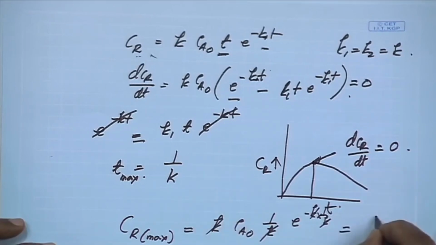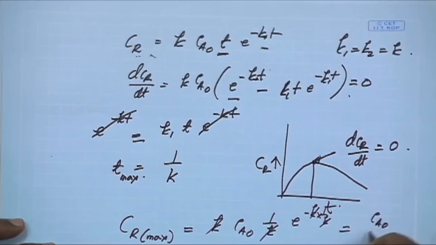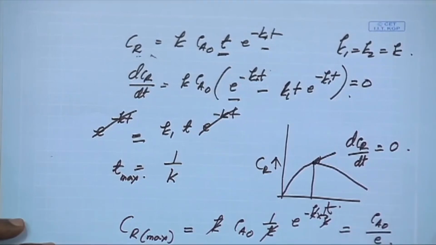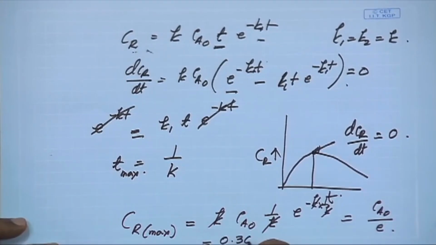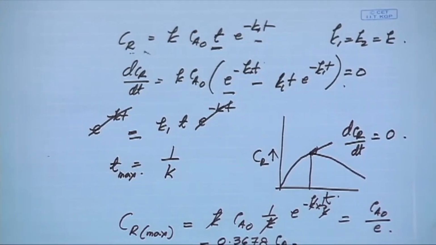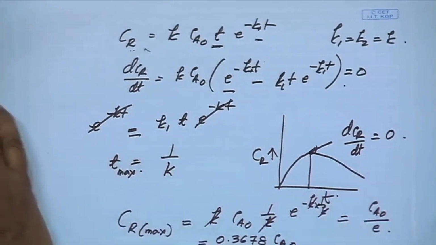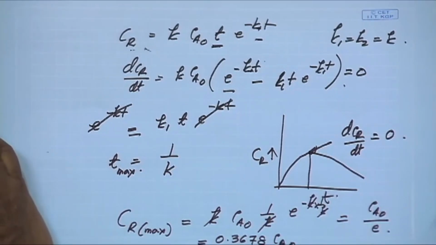So I can write this as CA0 e to the power minus 1, and the value of e to the power minus 1 is 0.3678, so it is 0.3678 into CA0. So I can easily calculate the maximum value of Cr in this particular problem.